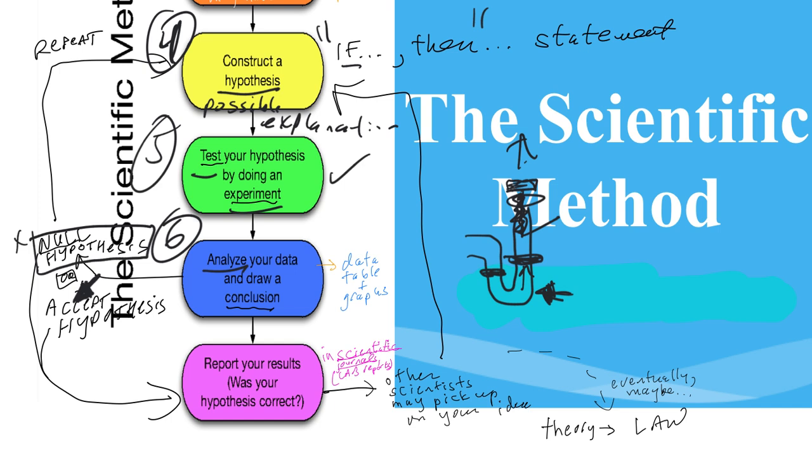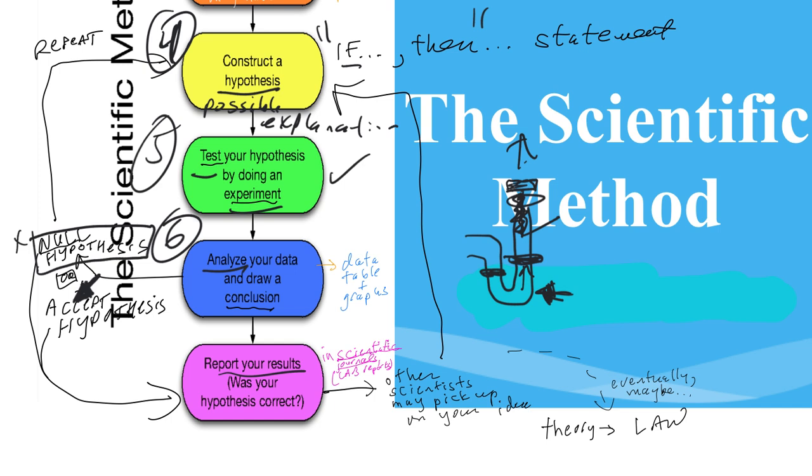I didn't report them, I just described them to you. But if I had a blog page and I wanted to help other people, I could tell them that's what I did, and I would be communicating my results to other people, and they could test it out on their own.